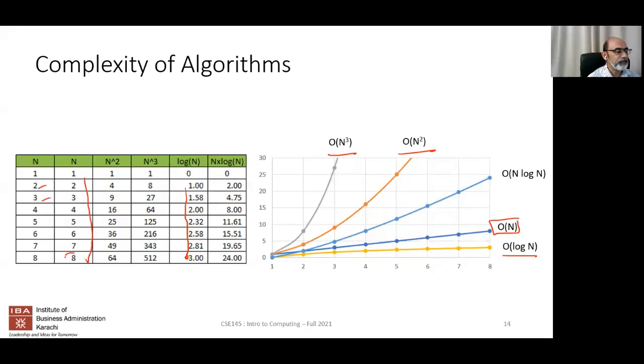So as n goes up to 8, log of n is only 3, and this is basically log to the base of 2 of n. Okay, so 2 to the power 3 is 8, and that's why you can see that this number over here is simply equal to 3.